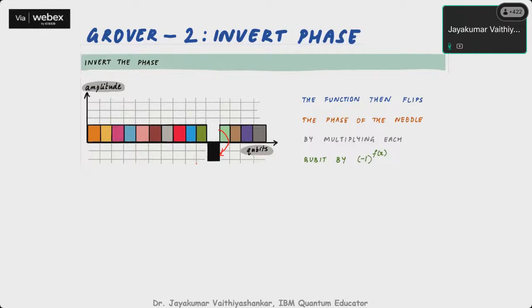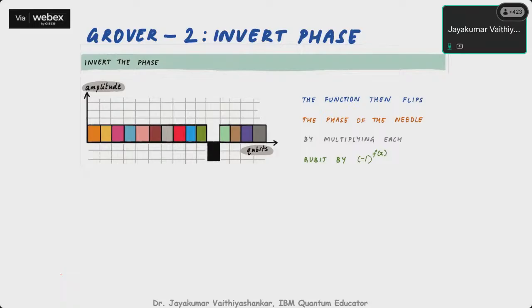So note down this function. What this function does is change positive to negative. If you multiply again with the same function, it converts negative to positive. So it changes the phase of a particular amplitude.